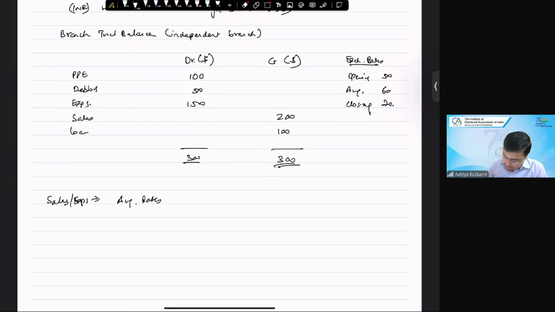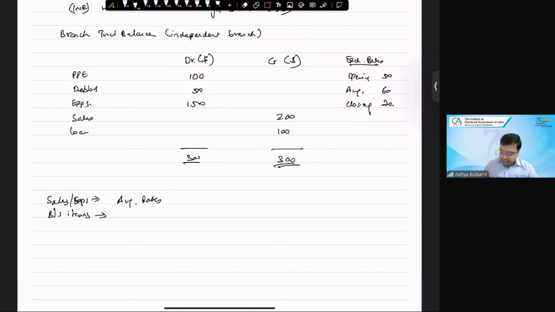Coming to your balance sheet items, what rates are you going to use for conversion? Closing rate. Monetary or non-monetary, will it be different? The same. It will be the same.